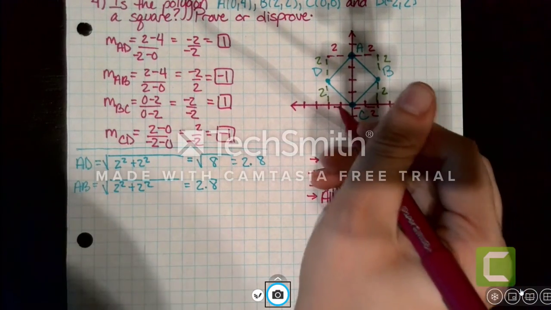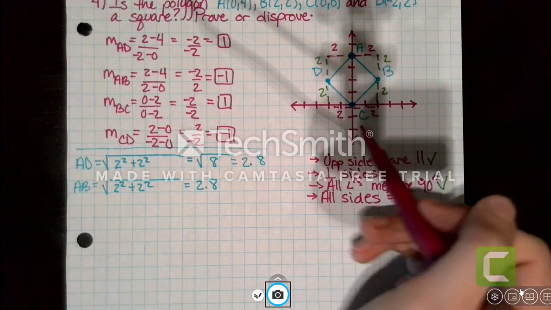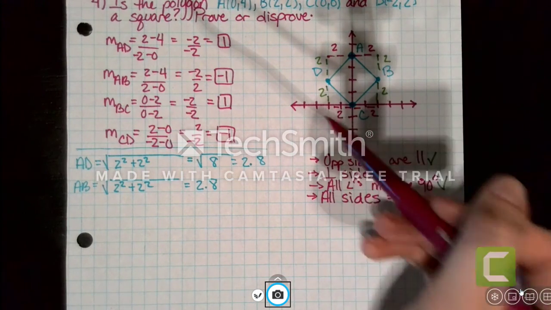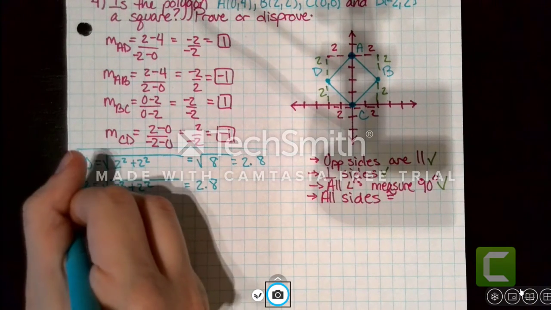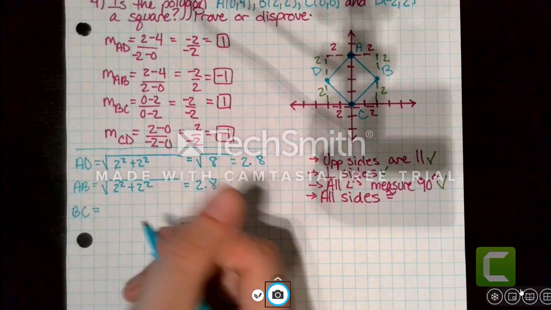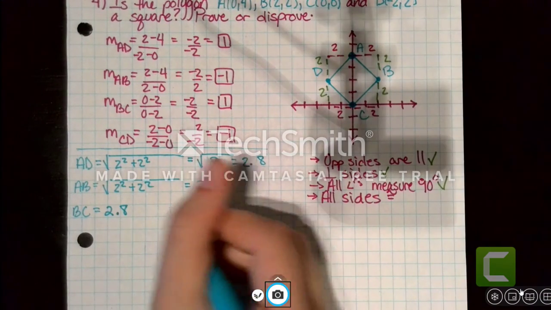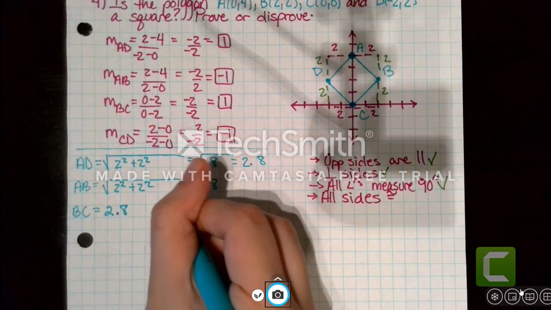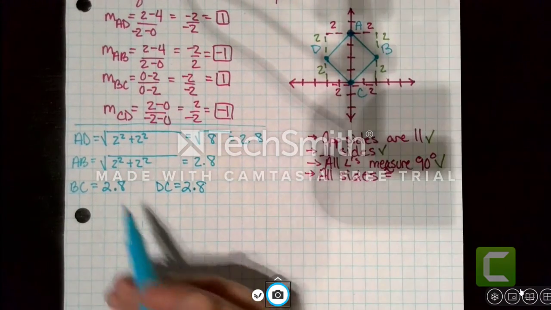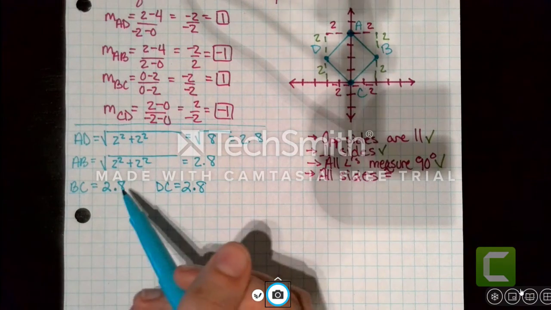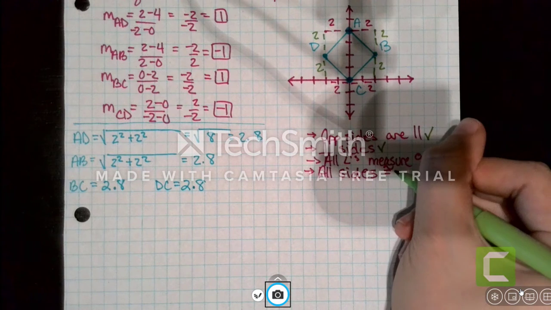Since this is the case, and our rate of change for the horizontal and the vertical are the same on every side of our square, we can claim that side BC is equal to 2.8 and that side DC is equal to 2.8. Since we've just proven that every side is equal to 2.8, we can claim that all sides are congruent.